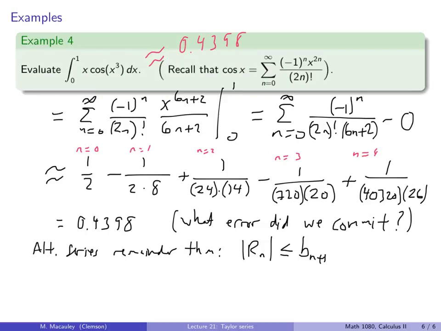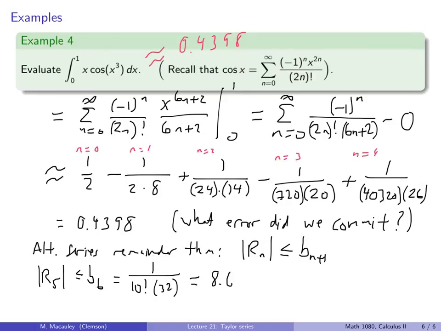Okay, so what's the next term in this series? R5 is less than or equal to, in this case, b6, which is 1 over 10 factorial. Now this number is really tiny, and actually this one I did in advance as well because I would not do it on the fly or in my head.